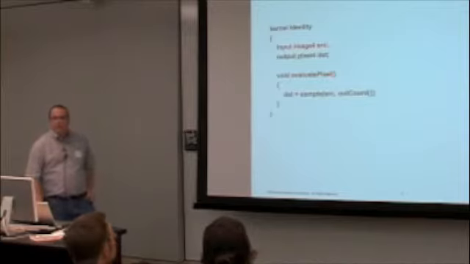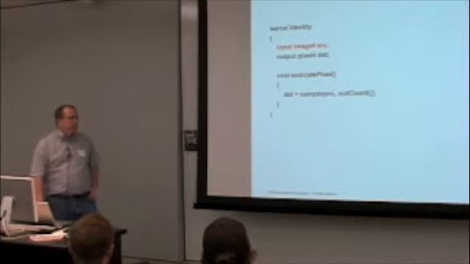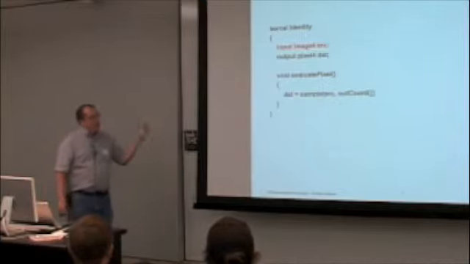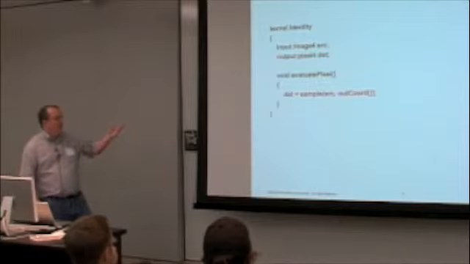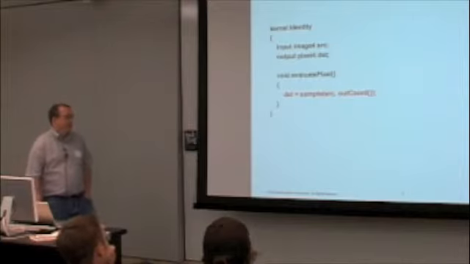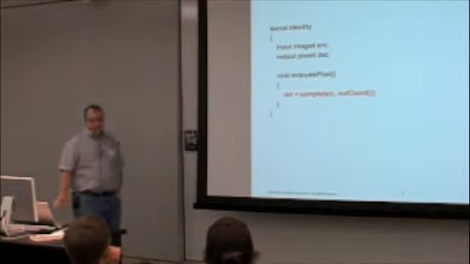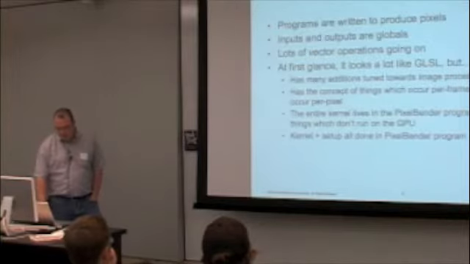We have input images of various channel depths and channel orderings, RGB, BGR, 32-bit, 8-bit, 16-bit. We produce pixels of various channel depths, and then here's your identity. The destination pixel is going to be the bilinear sampling of the source image at a particular out coordinate. So really simple.